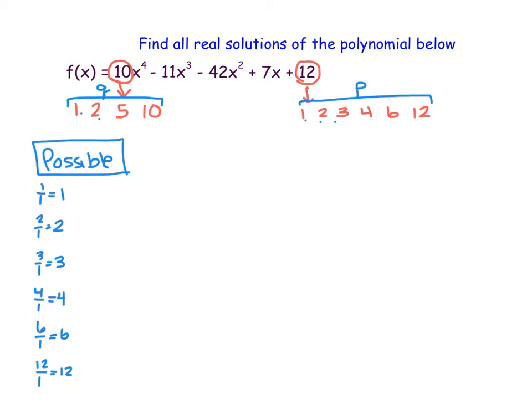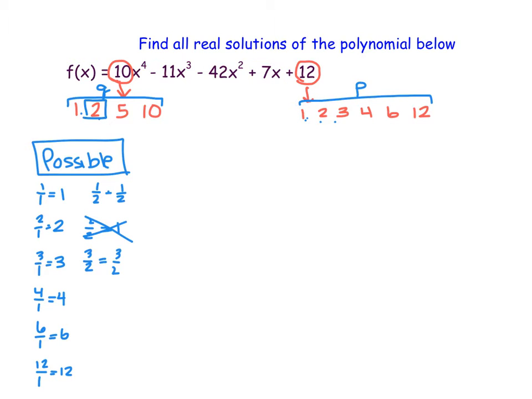And then I move on to the 2's. So now I'm focusing on this q value of 2. I start with 1 over 2, which doesn't simplify any further. I then take 2 over 2, which becomes 1, a repeat of another value, so I can ignore that one. I then take 3 over 2, which stays 3 over 2.